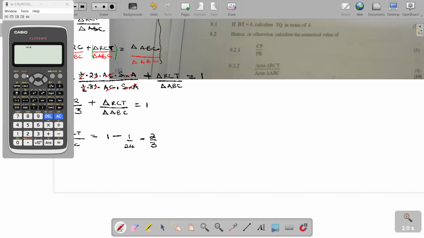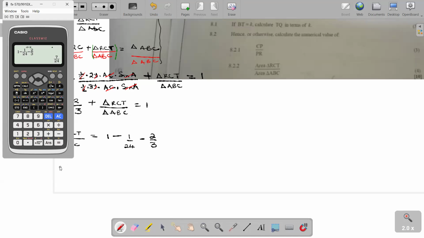So using the calculator, we are going to get 1 minus 1 over 24 minus 2 over 3. So eventually our final answer is 7 over 24.